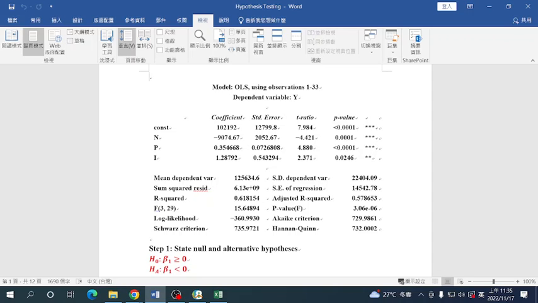3.06 E minus 6. What does that mean? Since it is a negative E, it means 3.06 times 10 raised to the negative 6 power.